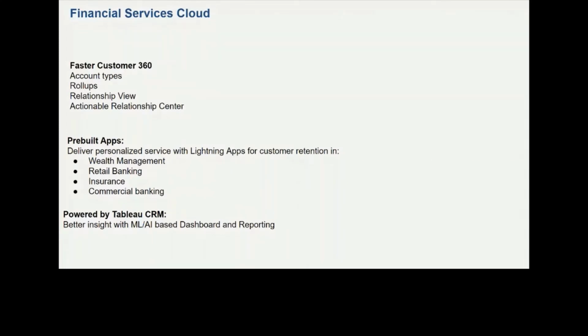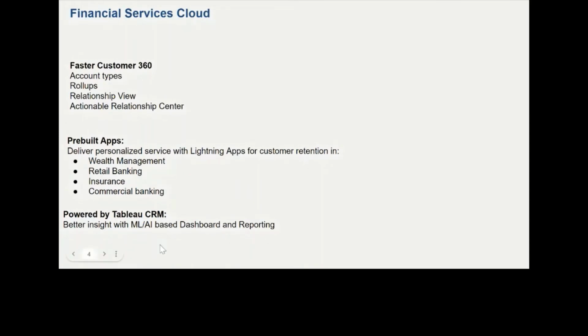It also has a relationship center, kind of a console or a tab, from which the banker can easily create a new case, opportunity, or even some other custom functionalities.